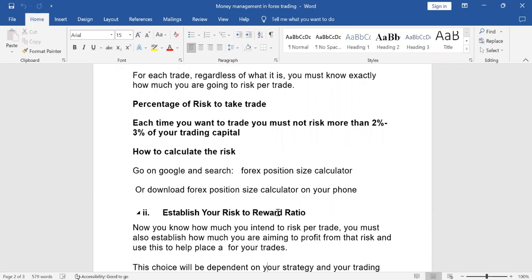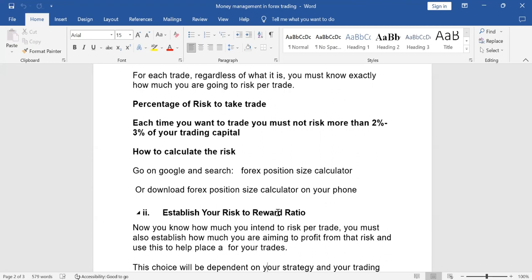But imagine in Nigeria now, or we as traders, how many of us can have a kind of $1,000? And out of that $1,000, if you want to risk 1%, how much is it? $10. 1% of $1,000 is what?